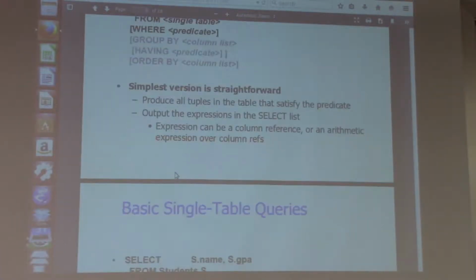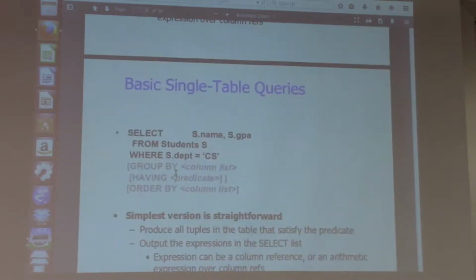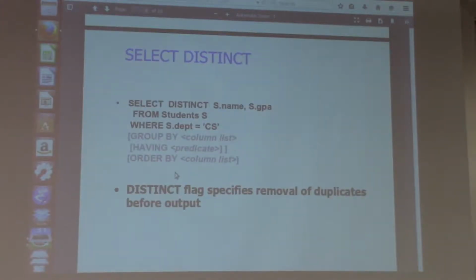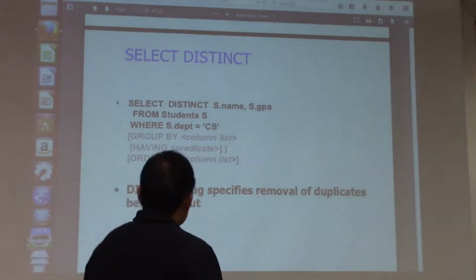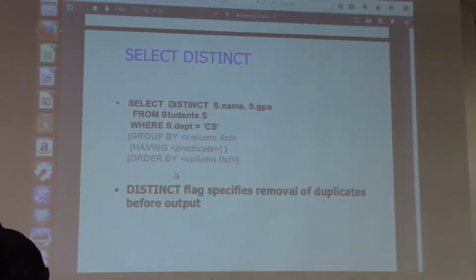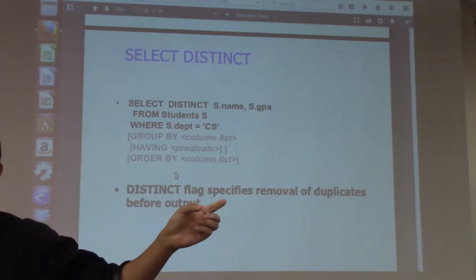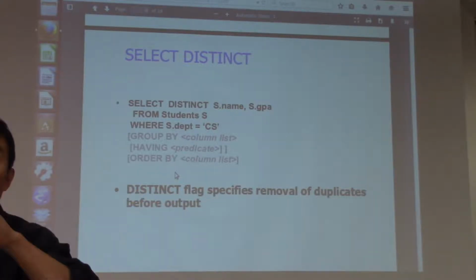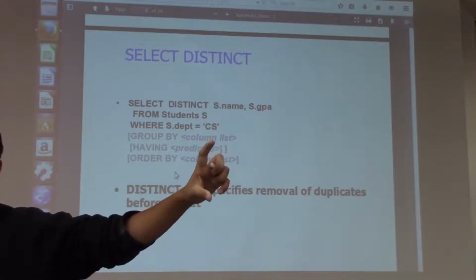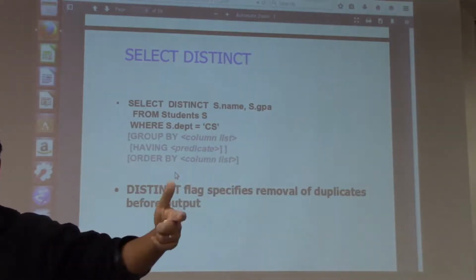What about select distinct? If I add a distinct keyword, things become a little bit trickier, right? Why? Because now you need to worry about removing duplicates. So how would you do this? Well, one solution is you take the solution we have just mentioned for the simplest version, but you buffer the results you have produced so far and do not push them to output.